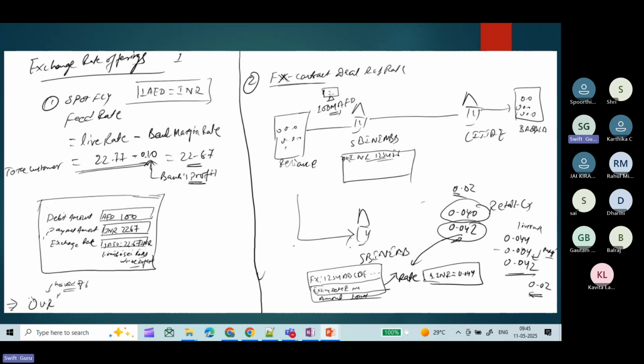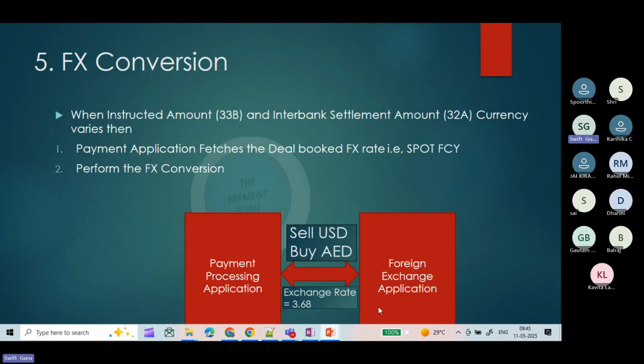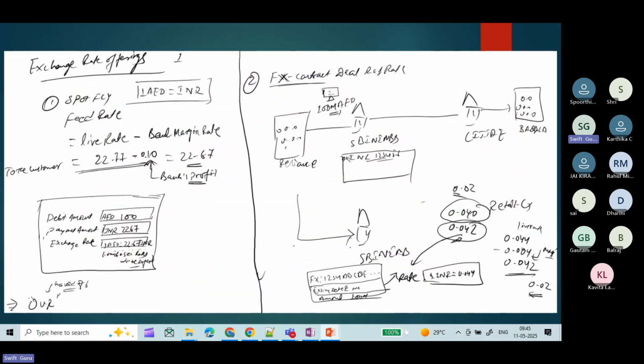They continuously consume these feed files, and they have a different application wherein they fetch the respective exchange rate for that currency pair. When I say currency pair, it means your debit account currency and the payment amount currency. Based on that, they figure out what the exchange rate is.